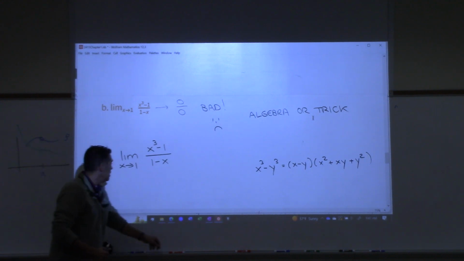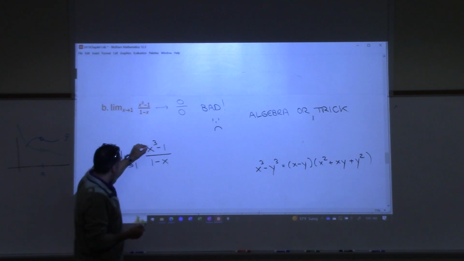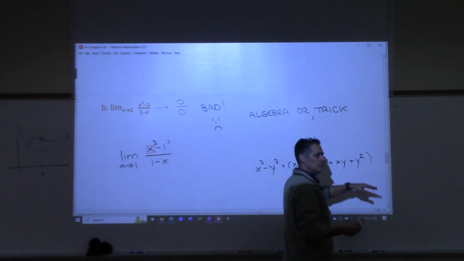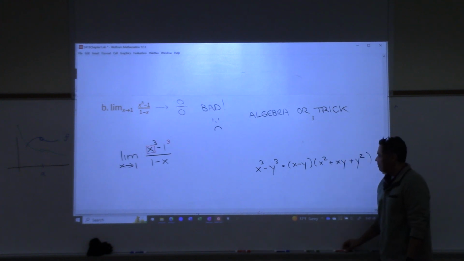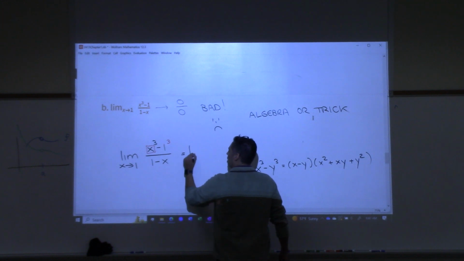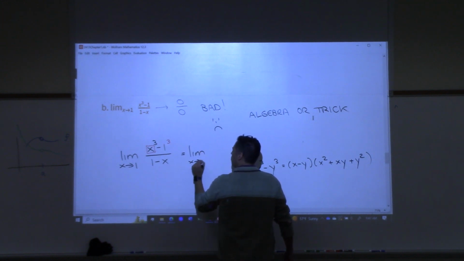So what we need to see here is that we've got x cubed, and that 1 we could look at as being 1 cubed, and then just plug into this formula. What would that numerator factor to be? I'm going to rewrite the problem right now. Limit as x approaches 1.